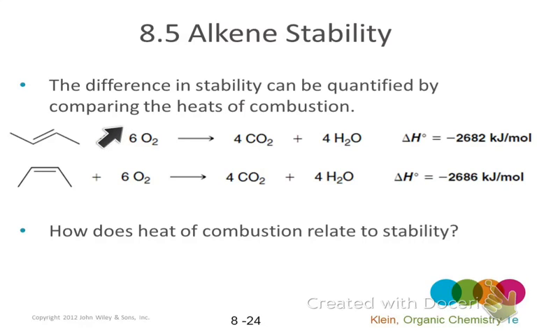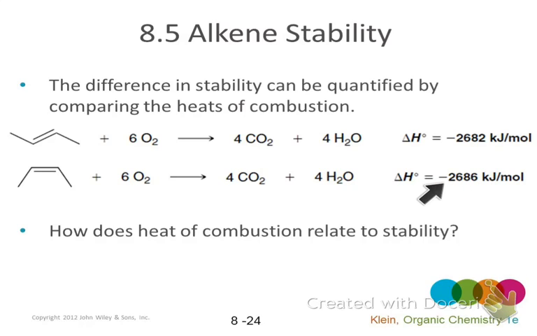Uses oxygen, produces heat. The combustion of a hydrocarbon always uses oxygen and then produces the oxides, carbon dioxide and water. So if you do trans 2-butene, negative 2682 kilojoules per mole. If you do cis 2-butene, negative 2686 kilojoules per mole.